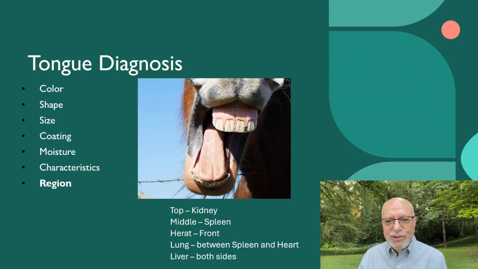The tongue diagnosis is kind of fascinating. I borrowed some of these slides from Dr. Memon, and she has done an excellent job in our recent textbook on integrative veterinary medicine, where she explains that tongue diagnosis includes the color of the tongue, the shape, the size, the coating, and characteristics, and what region of the tongue it is.